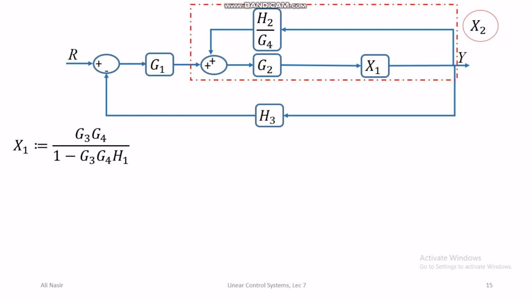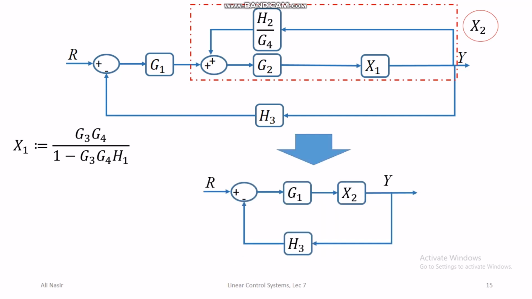So once we replace this loop with a single transfer function x2, the resulting diagram is shown at the bottom of the slide, and the expression for x2 will be g2 x1 divided by 1 minus g2 x1 h2 divided by g4.